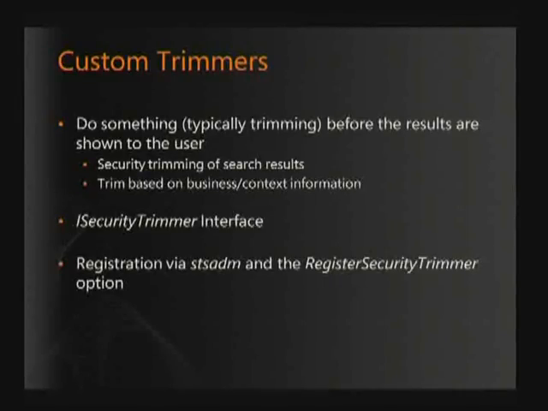The URL is kind of a big string, and then within the URL you get your GUIDs, like the GUID of the list where the item is coming from, and you can use that to do your custom trimming. And then once you have created and compiled it, you need to deploy this into the global assembly cache, and then you have to register your security trimmer. And that's done using STSADM and the register security trimmer option.